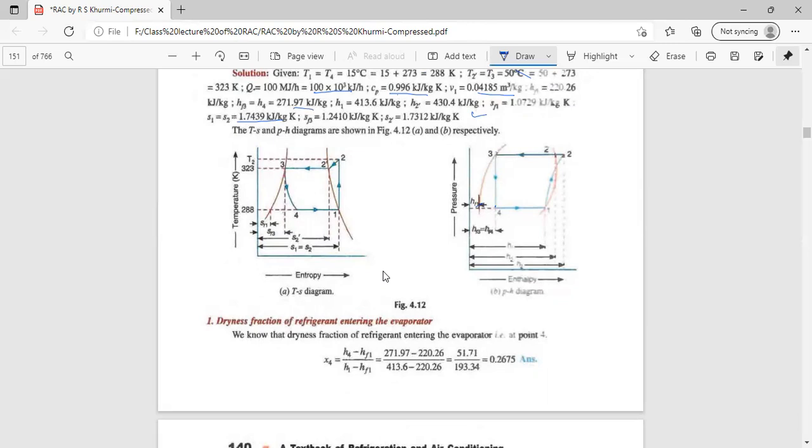So it is the enthalpy at point 4 minus the enthalpy on the wet saturated line at low temperature, divided by the enthalpy at point 1, where the refrigerant is fully vaporized on the saturated vapor line, minus the enthalpy on the wet saturated line itself.